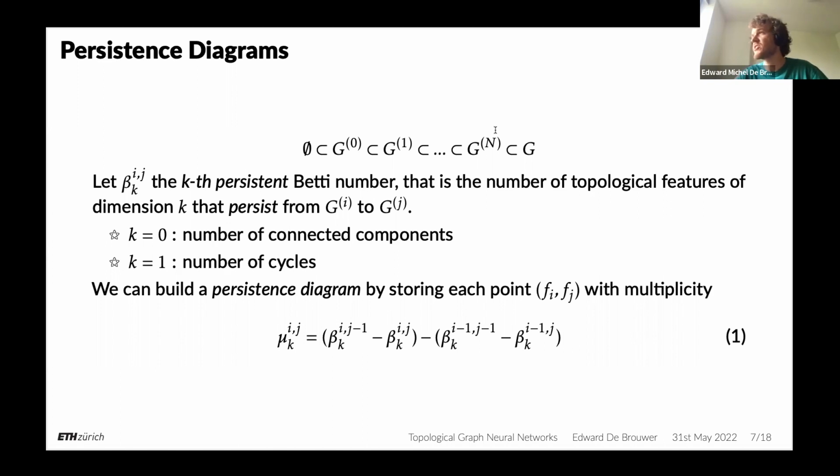But because of this computational overhead, they have to compute that offline beforehand. So not with a learned filtration function, but they compute those persistence diagrams on the raw graphs, store them, and then use this information to feed the network, which is a very interesting and also valid way to approach this.